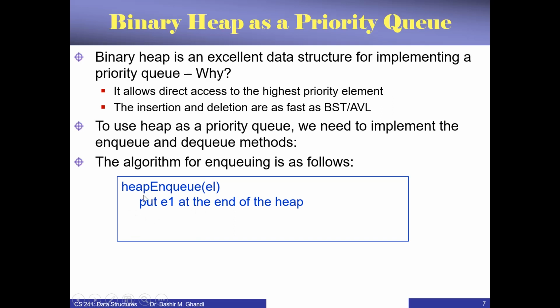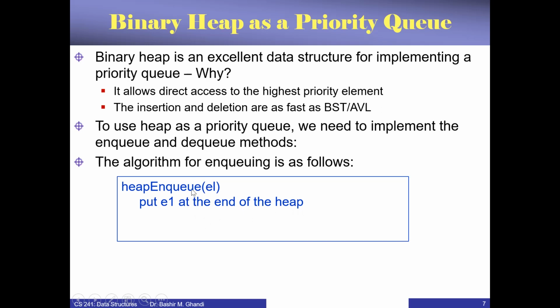So we have an algorithm here called heap enqueue. It receives an element, and the first thing you should do is put the element E1 at the end of the heap. Of course, this is the only place you can insert a new element in a complete tree. Remember, binary heap is a complete tree, and a complete tree grows top to bottom, left to right.